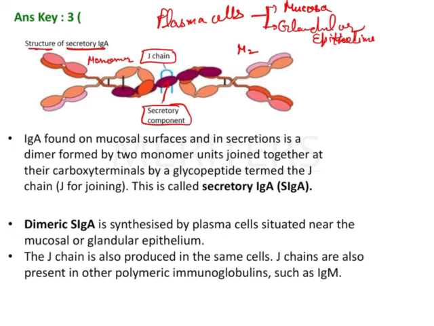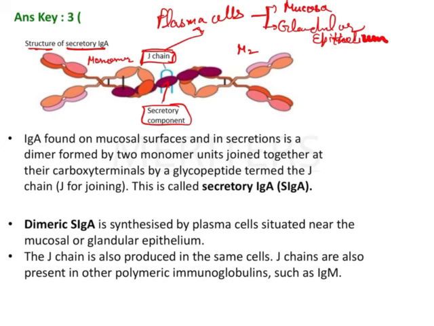Now the J chain, which is used for joining these monomers, is also formed in the same cells. So that is very important. Sometimes they may ask where the J chain of IgA is formed; that is also formed in the plasma cells, which are seen in the mucosa or glandular epithelium.